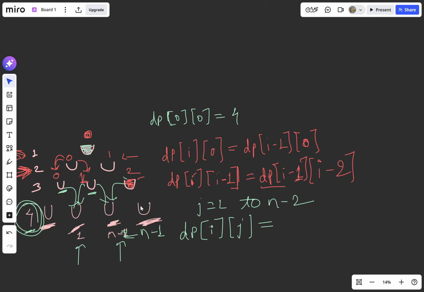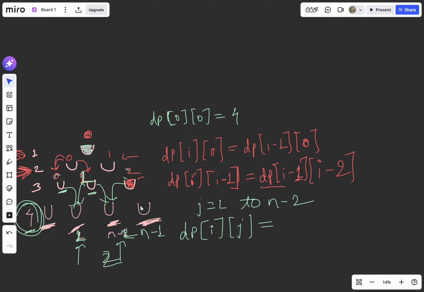For this we have 1, and here the source is from 0 and from 1. If we have this as a 2, the source is from 1 and 2. So you can simply understand that the source is from j minus 1 and j.